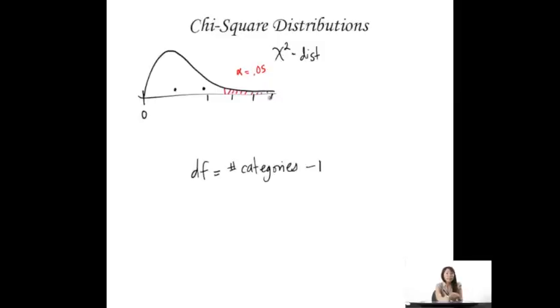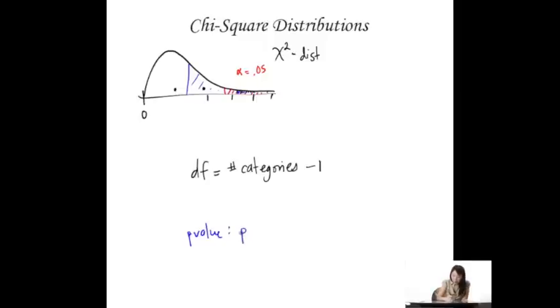What is the difference now with the p-value? The p-value says this is the probability. So we might have a p-value somewhere out here, or somewhere here. The p-value is going to be very similar to what the p-value means in other hypothesis tests.